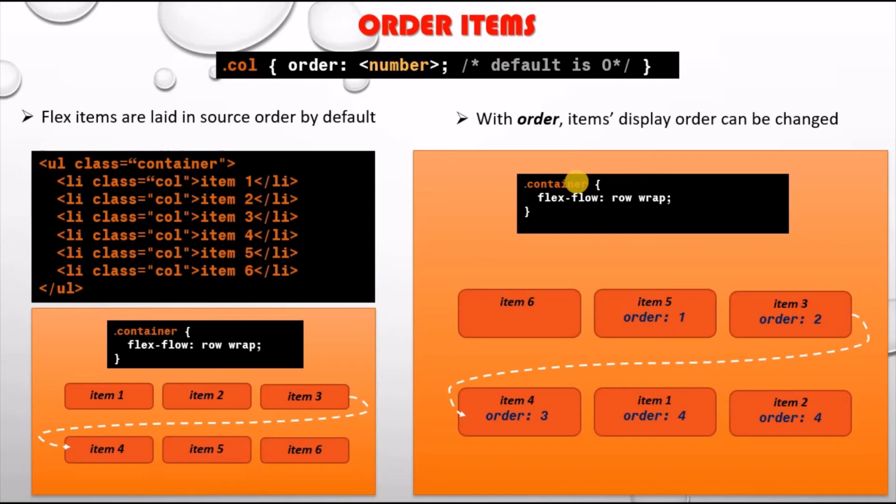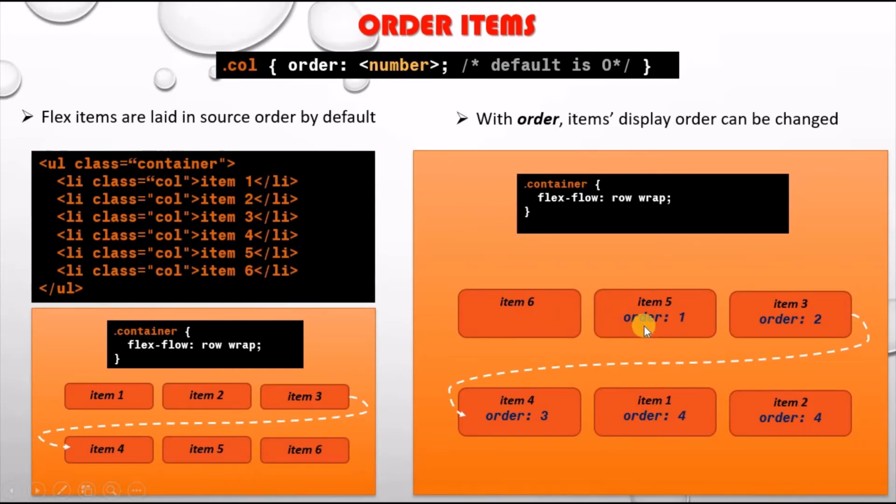But bear in mind that it will only change visually. The HTML will still remain the same. The default of order is 0. So if you don't set it, it will be implicitly set to 0. So here, item number 6, the order here is 0 because you didn't set it explicitly.